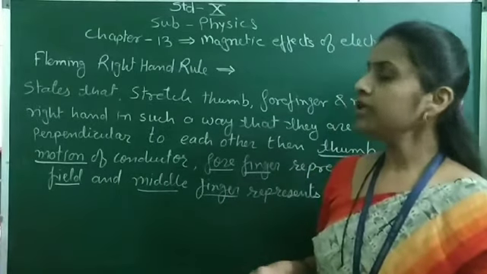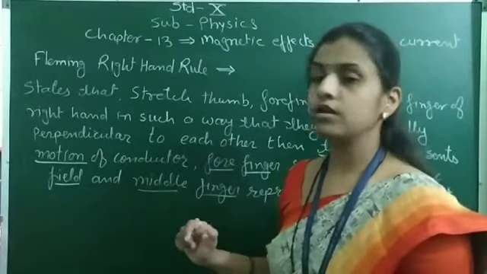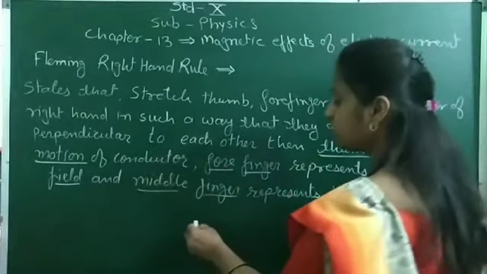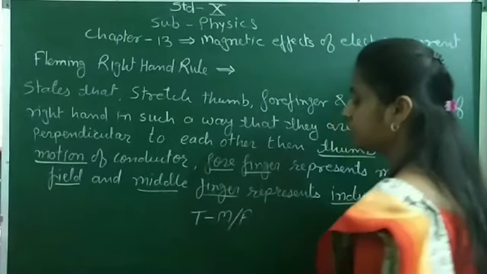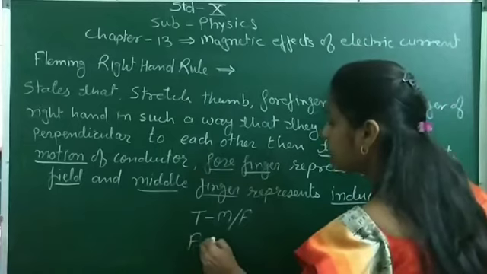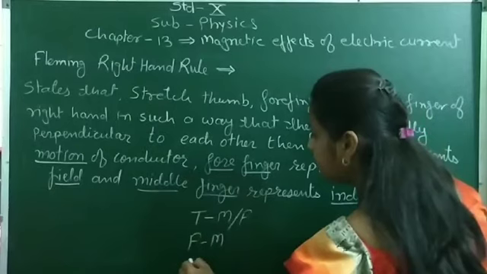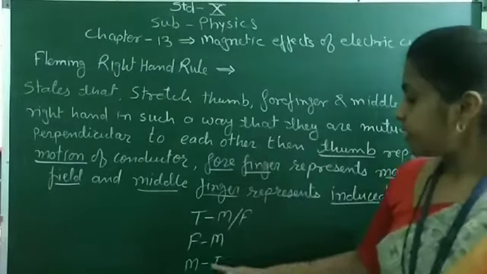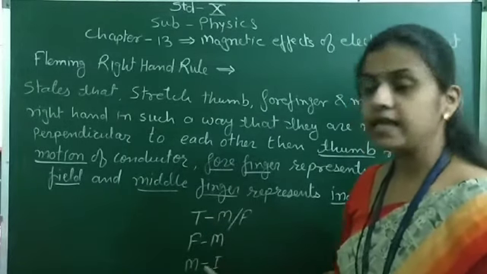Now, as in the Fleming left hand rule, we also use some notation here to remember the law. For thumb, for motion or we can say force, Tm or Tf. Then forefinger represents magnetic field, so Fm, and middle finger represents induced current, so Mi. So thumb Tf or Tm, Fm and Mi.